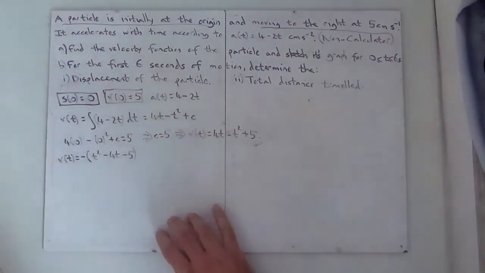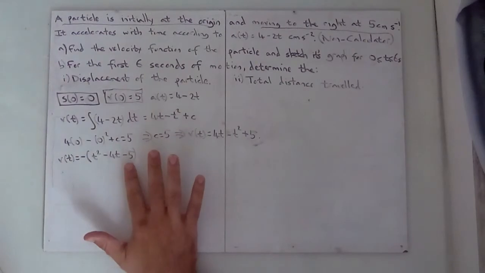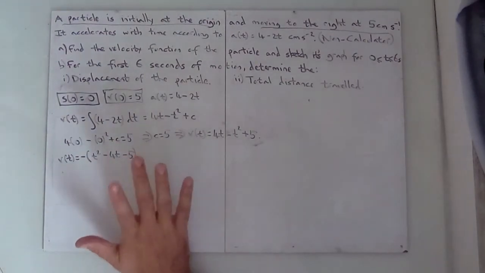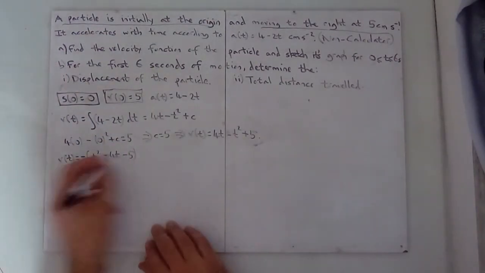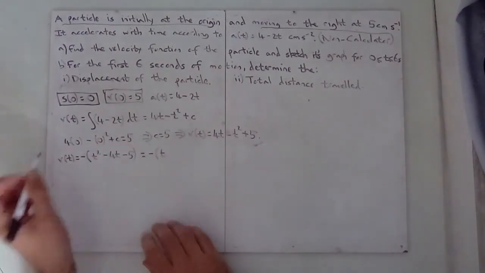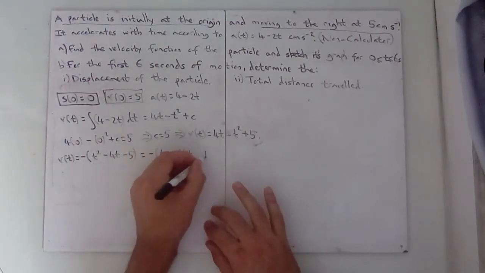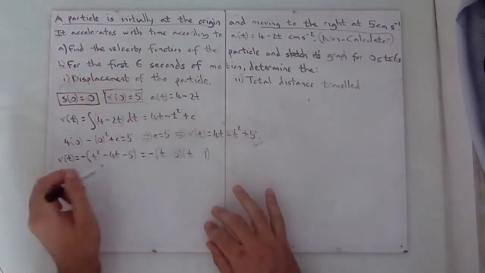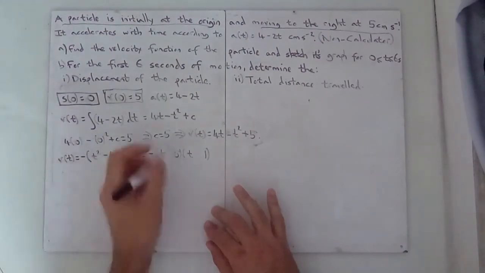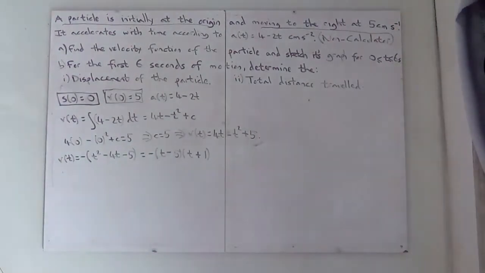I'll just pull the minus 1 out as a factor. If you look to factorize that, 5 and 1 will make 5 when multiplying, and they can make minus 4. So that could be (t - 5)(t + 1), where the 5 needs to be negative and the 1 needs to be positive.